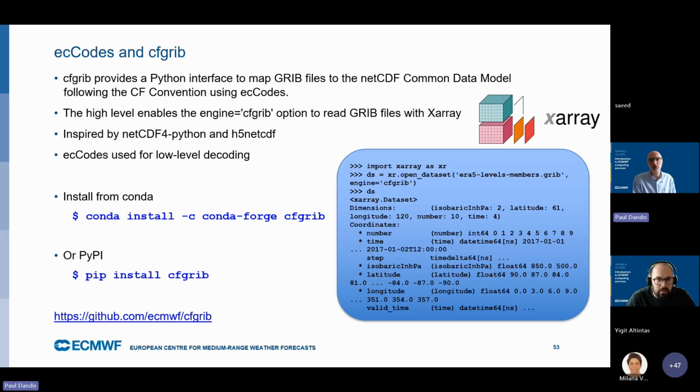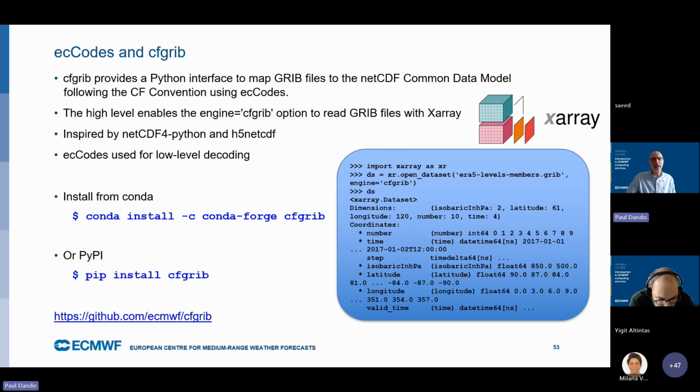So you can install this from Conda or PyPI, and again, it's on our GitHub for open development as well. And there's a little example here how to do it. You can see all I'm doing actually is importing xarray, and then I open a data set using this engine cfgrib. And then when I print the data set, I've actually got the GRIB data that I can access.